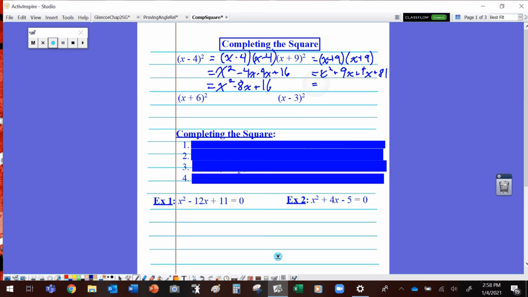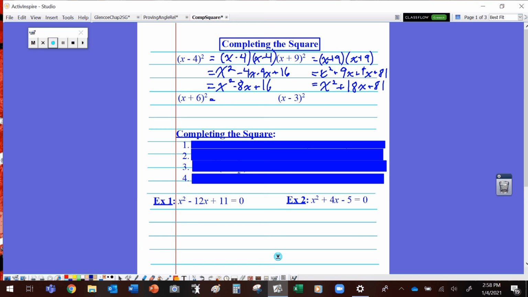I can combine my like terms again and have x squared plus 18x plus 81.